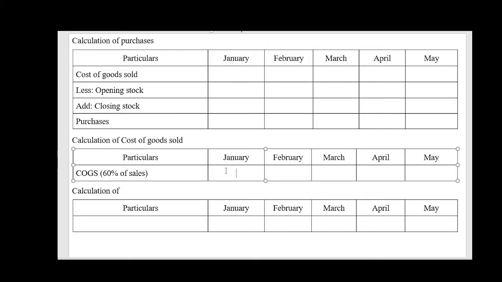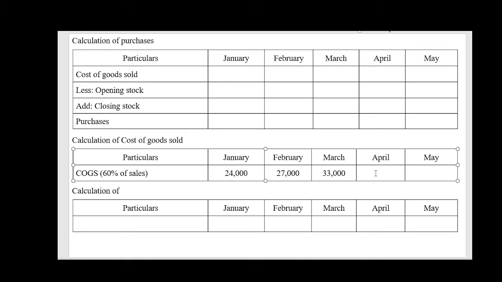January sales is 40,000. 60% of 40,000 will be 24,000. February sales is 45,000. 60% of 45,000 will be 27,000. March sales is 55,000. 60% of 55,000 will be 33,000.